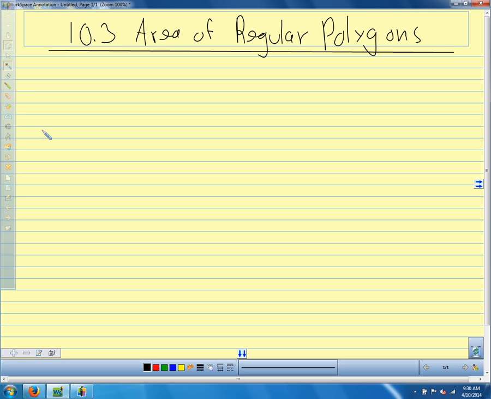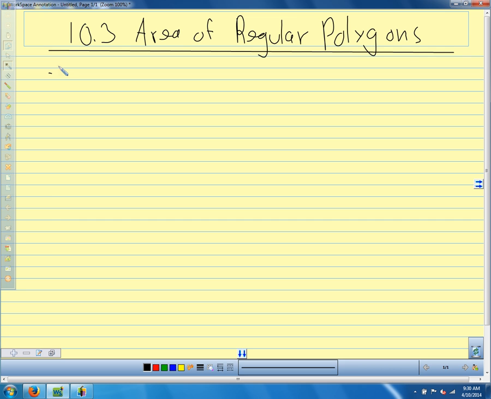So let's remember what a polygon is. What makes a polygon? What kind of thing is it? Something with sides? It has something to do with sides.